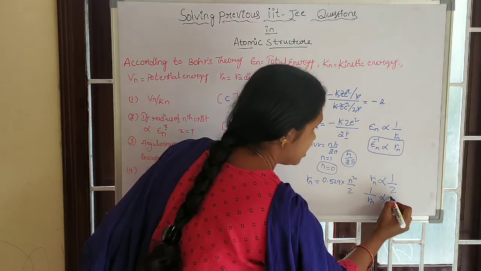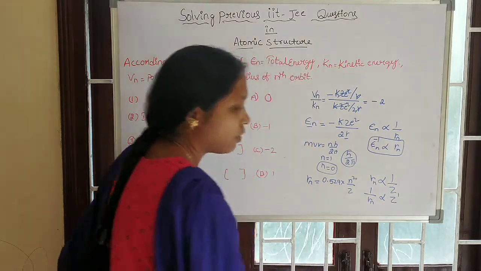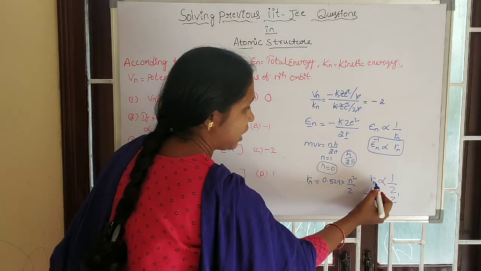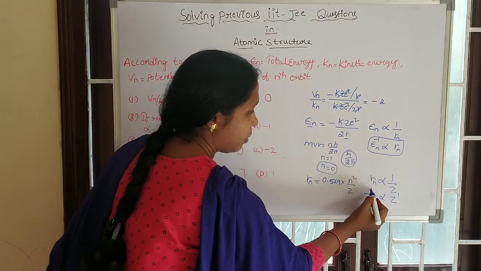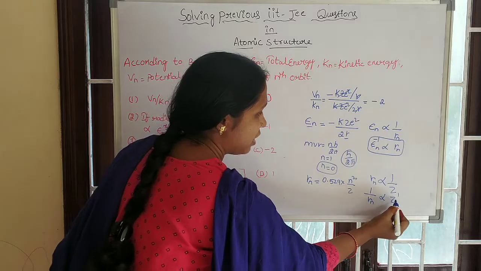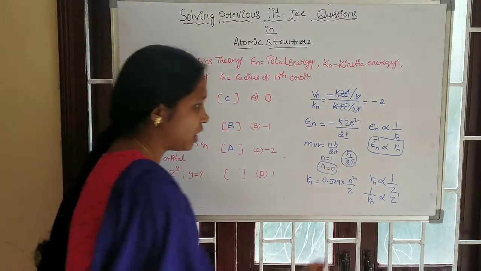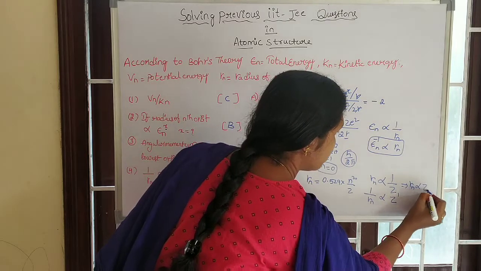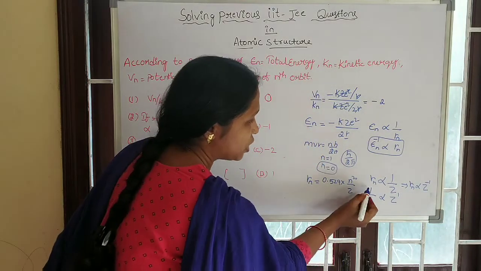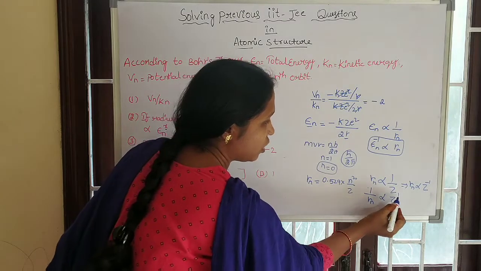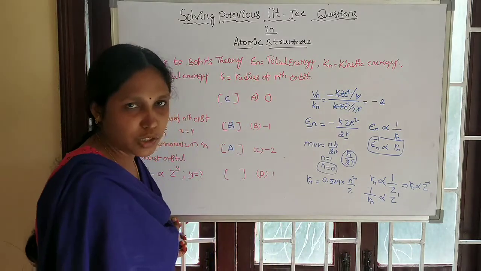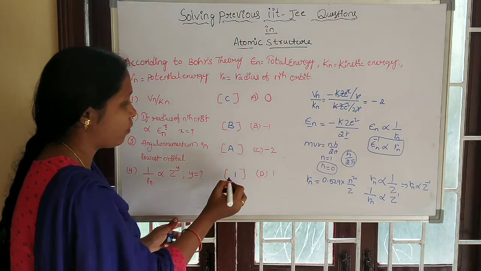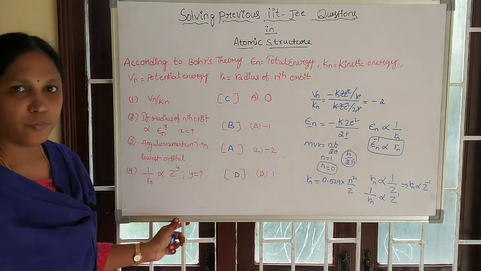Rn is proportional to Z inverse 1, so 1 by Rn is proportional to Z to the power plus 1. So here y is 1. That means option D.